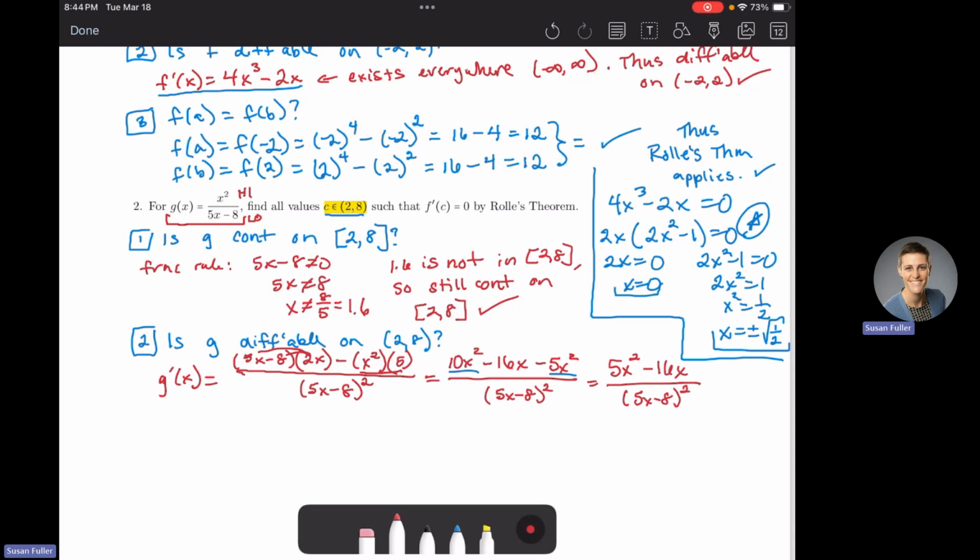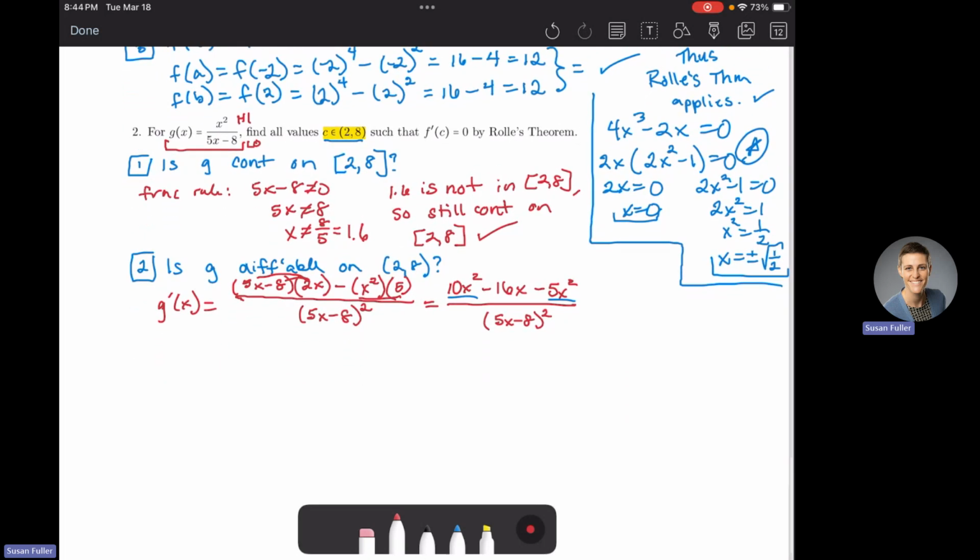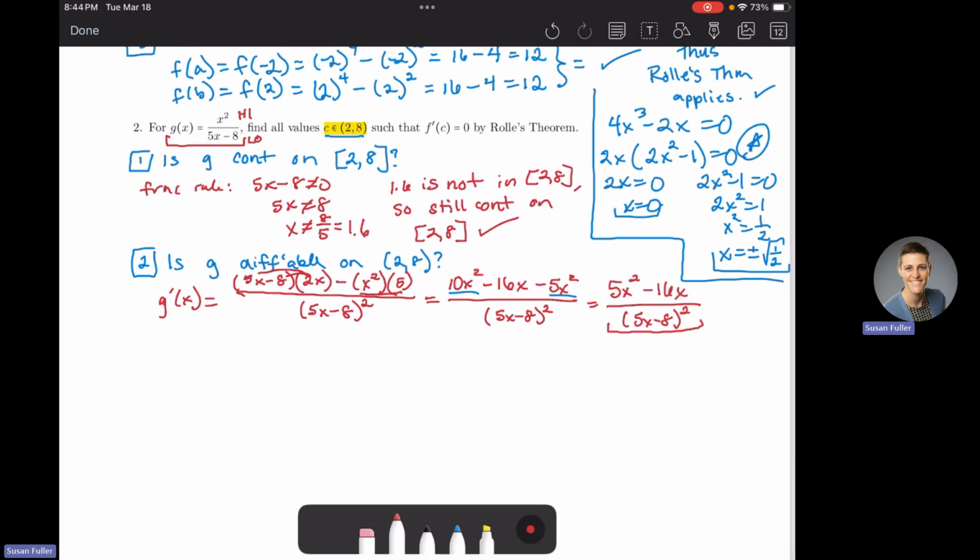Okay, and in the process of doing that, I got myself a little lost. What are we trying to do here? Yeah, we're trying to figure out where this thing is differentiable, where this derivative exists. Well, this derivative is going to exist everywhere the bottom, which is 5x minus 8 squared, isn't 0. So as long as 5x minus 8 squared does not equal 0, we're differentiable.